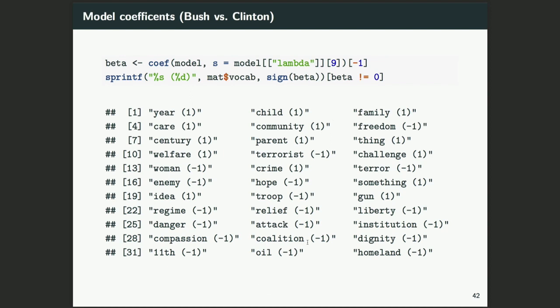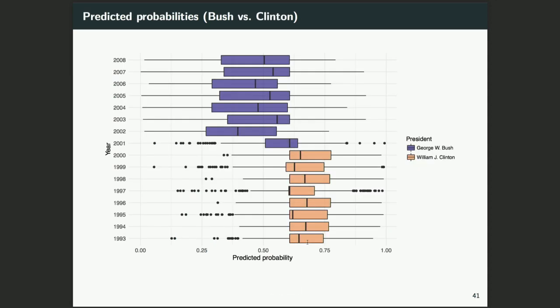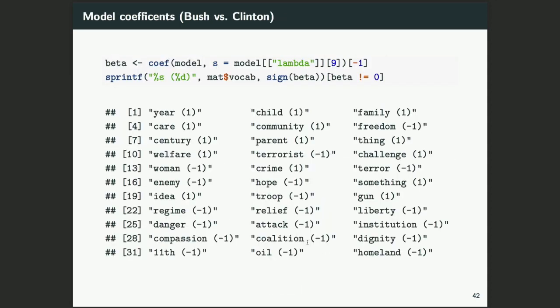And then we can look at the model coefficients, which in some ways is the most interesting piece of this. And when we were looking at this, we hadn't thought about Bill Clinton in a while. But kind of remembering the rhetoric of his presidency, it was in the 90s, and I think he left in 2000, yeah, it was his last year. And so a lot of the rhetoric of his was very thinking about the future.